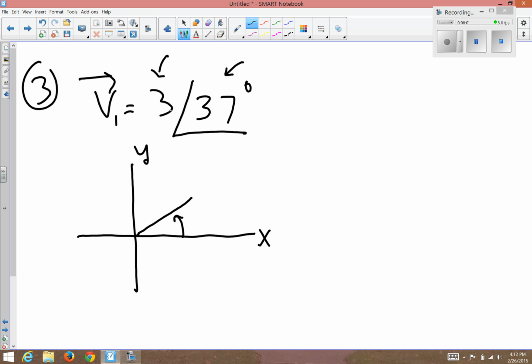And then I would measure out from the origin 3 units, a distance of 3 units. So as long as this angle is 37 degrees, and as long as the length of this arrow is 3 units, this would be vector v1.